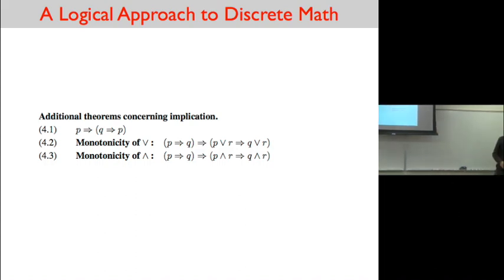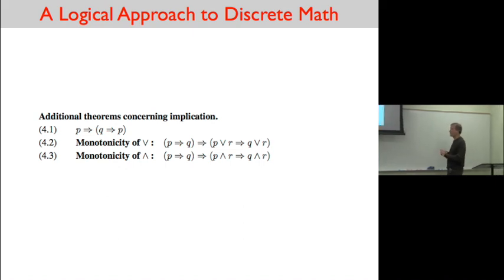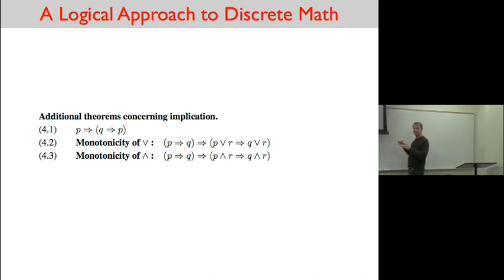Now here is what I want to demonstrate: how to use monotonicity, because we're going to use it several times in the future. It doesn't come up on just about every proof from now on, but it does come up several times.